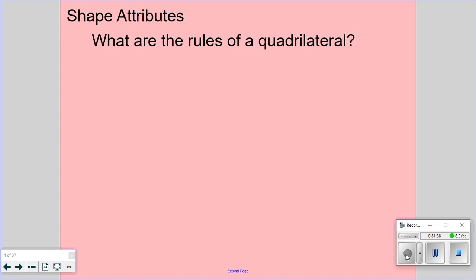Quadrilateral has a prefix, just like triangle, that gives us a good hint. I want you to underline the chunk that says quad. Quad in Latin means 4.